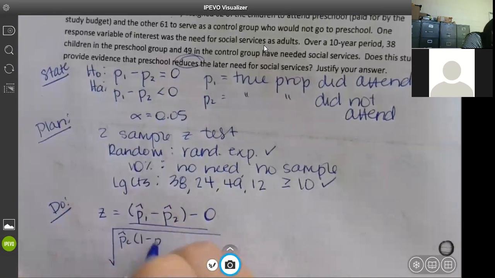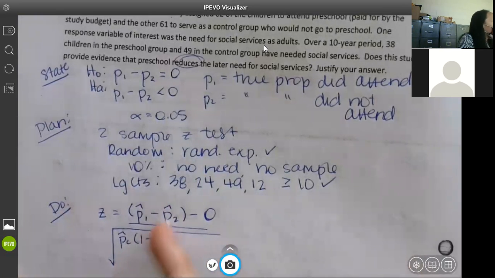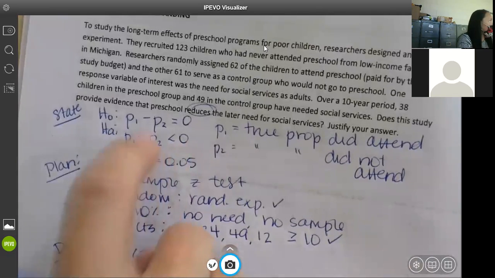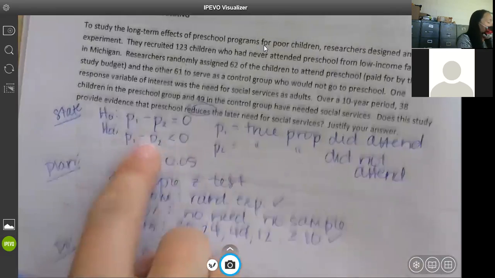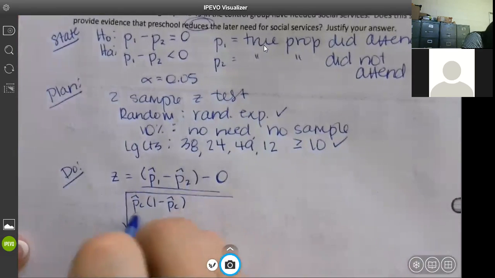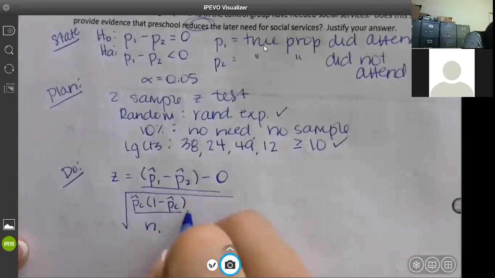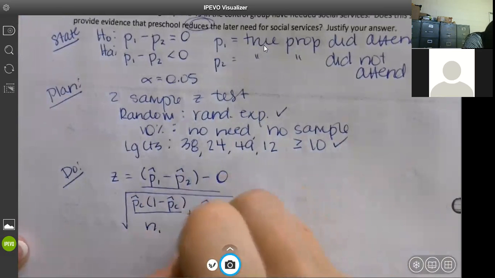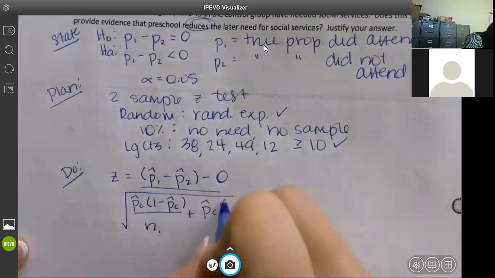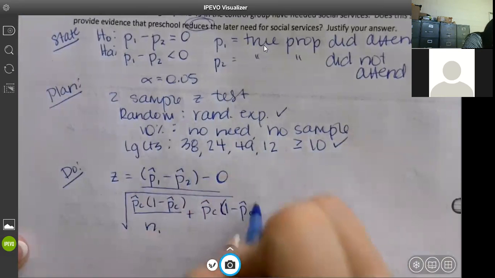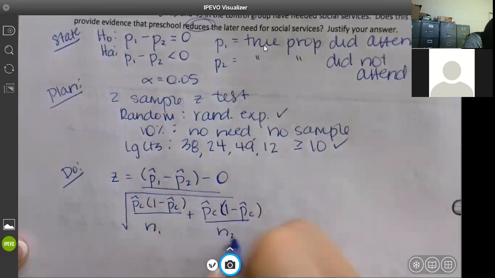So we do use p hat now. Yeah, in your formula, because you're doing the sample proportion. Does that make sense? So this is population proportion. So we don't use the hat. This one is sample. Over n1 plus p hat combined, 1 minus p hat combined, over n2.